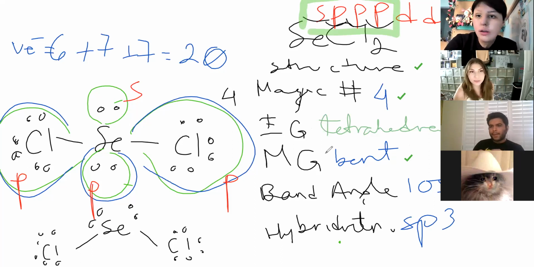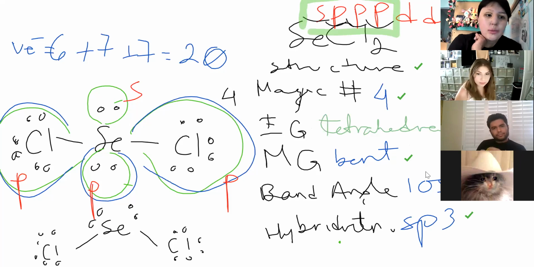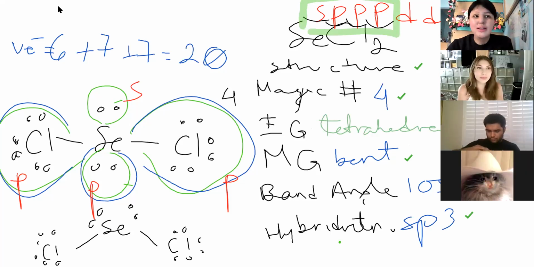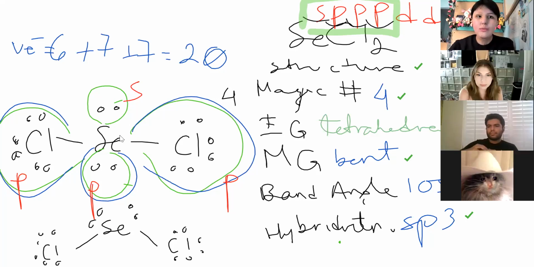All right. Who was the person who was asking for this one? Oh, it was me. Did that help? Yes, it helped a lot. I just confused the magic number for lone pairs and bond pairs for some reason, so I put 2.